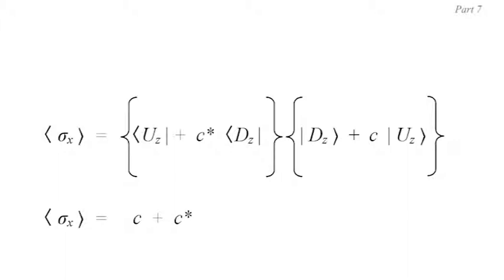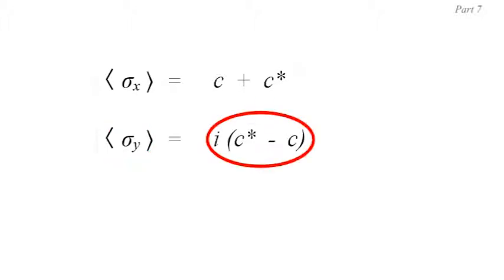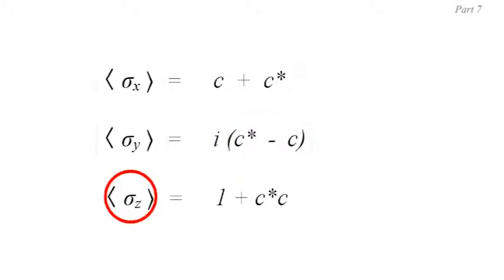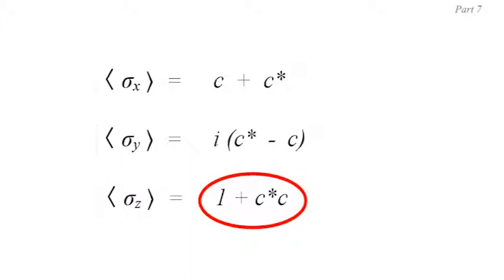You can check that for yourself by looking at the four terms that would come out of the bra-ket multiplication, or inner product as it's called. Now if you go through the same exercise for the expectation values in the y and z directions, you get that the expectation value of sigma y is i times (C star minus C), and the expectation of sigma z is 1 plus C star C. So these three expressions give the expectation values of the three sigma matrices for this unnormalized general state.